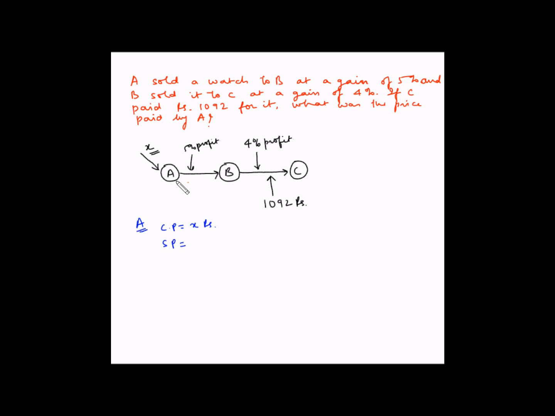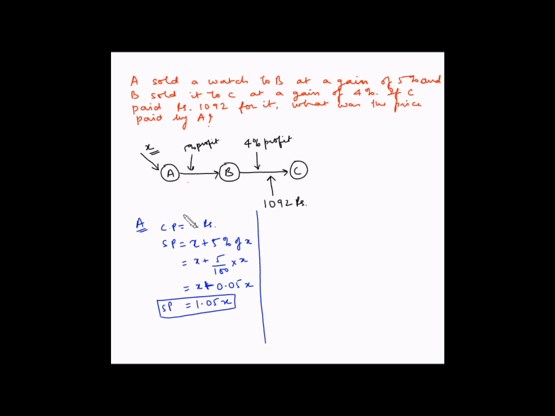So basically A sold it at X plus 5% of X. So this is equal to X plus 5 divided by 100 multiplied by X, or this is equal to X plus 0.05 X, which is equal to 1.05 X. So the selling price for A is 1.05 X.